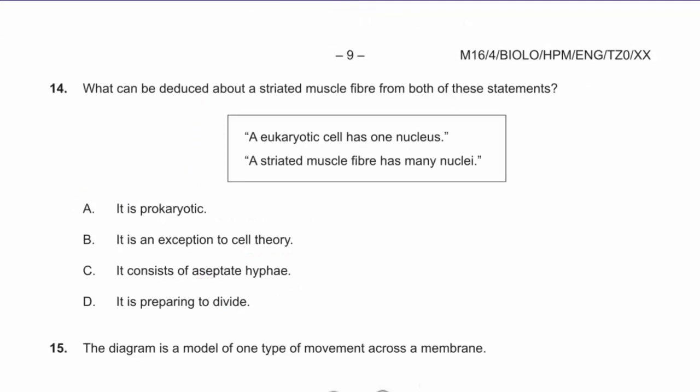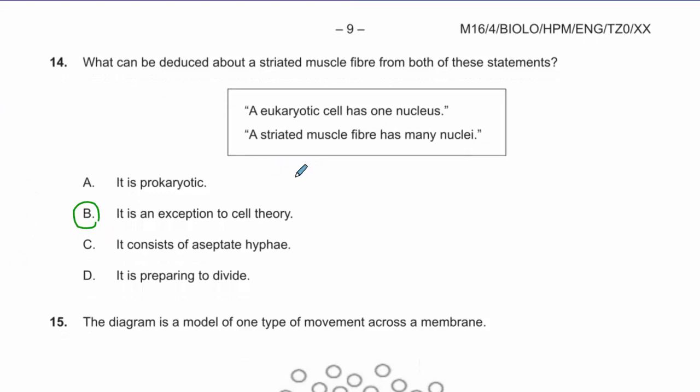14. What can be deduced about the striated muscle fiber from both of these statements? Eukaryotic cells have 1 nucleus, striated muscle fiber has many nuclei, and we see that this is an exception to cell theory. So cell theory is a basic rule that has some famous exceptions. Like a eukaryotic cell has only 1 nucleus.